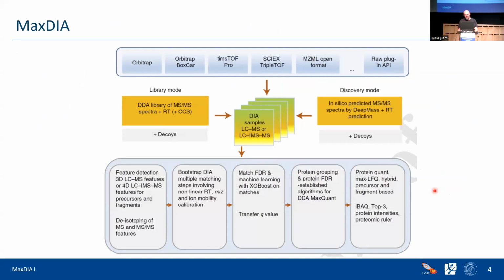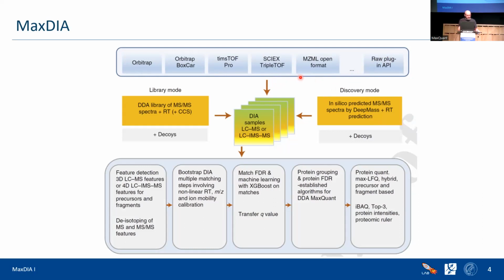The idea is to have a comprehensive platform, just as we have for DDA data, now also for DIA. In terms of supported mass spectrometers, it's all forms of Orbitrap, Bruker timsTOF Pro, and also SciEx machines.